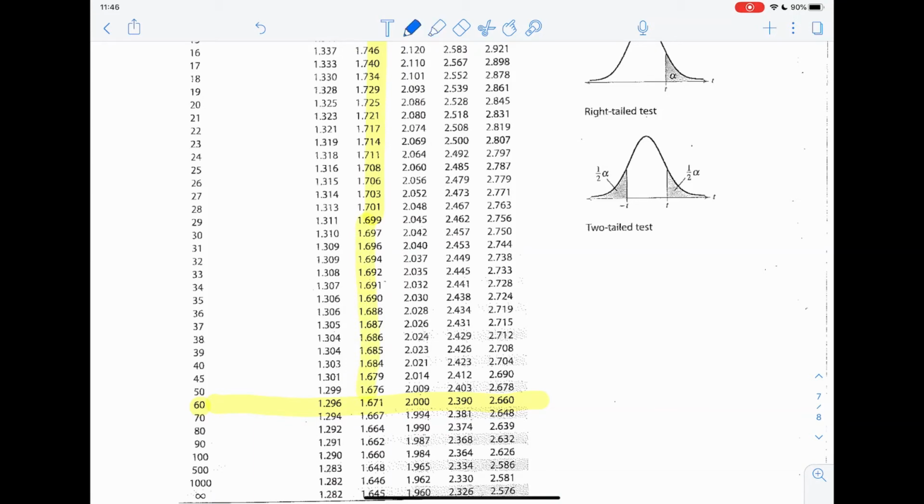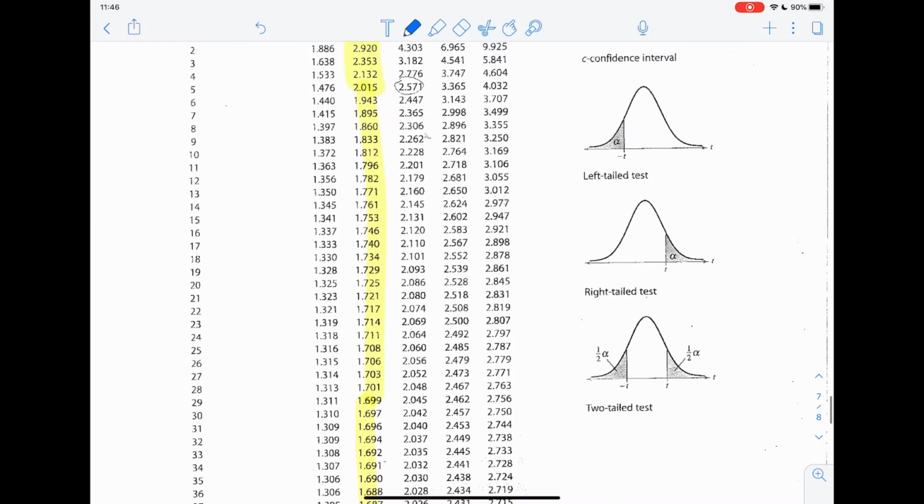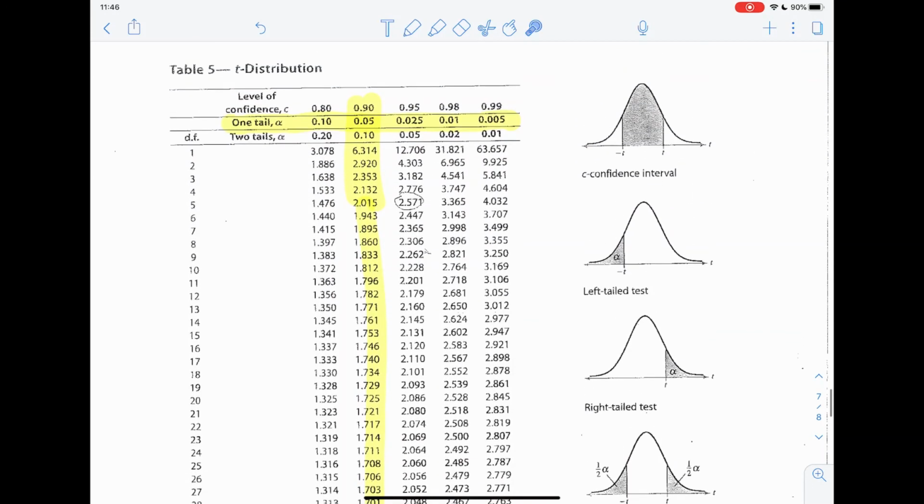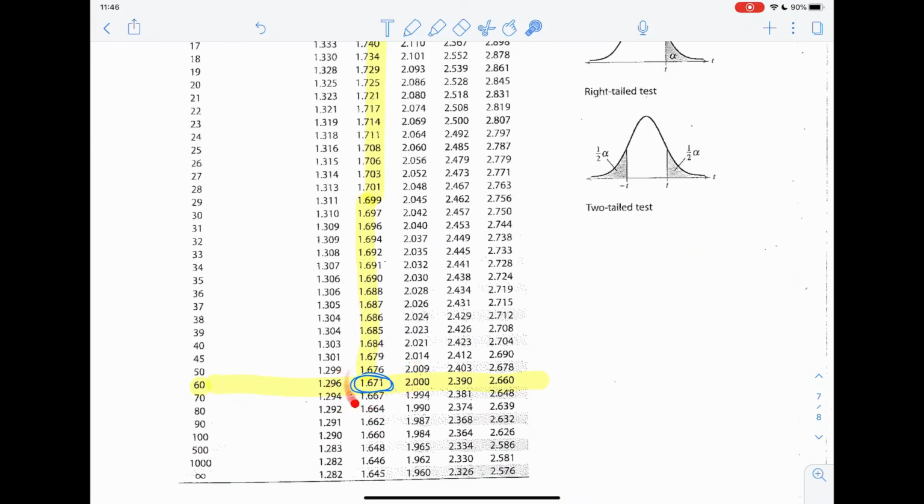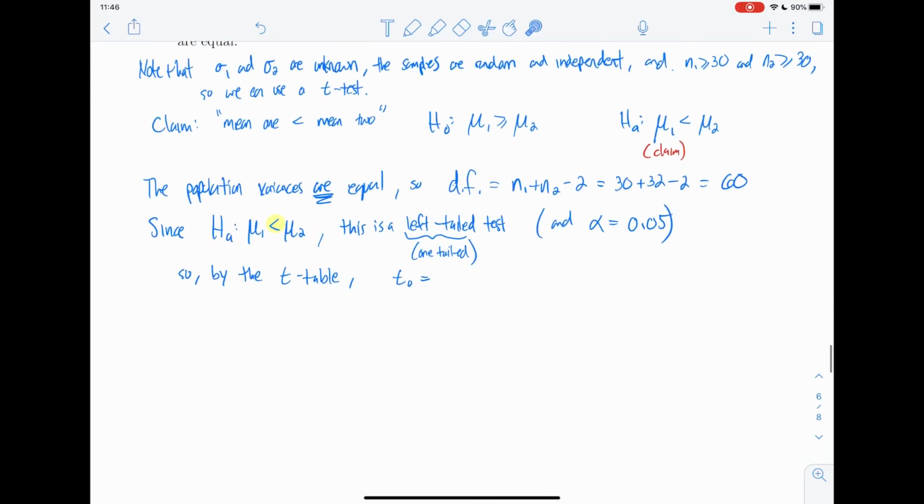And here it is, our overlap is 1.671, where since we're using, as we see in the picture over here on the right, a left-tailed test, we want our t to be negative t. So our t won't be 1.671, it's going to be negative 1.671. So let's import that, that's negative 1.671.